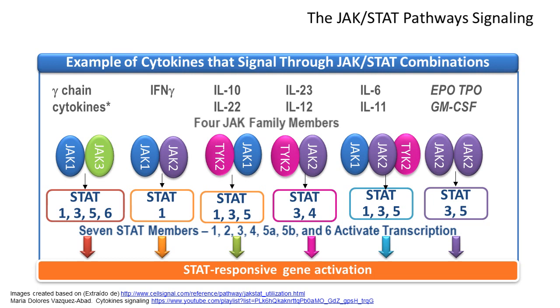The different cytokines will express the receptors that have associated the Janus kinase pair within the intracellular domain. The Jak3 is very specific to the white blood cell lineage, and it can only be associated with Jak1. There's a need for two JAKs to be able to transmit a signal. The other three JAKs, Jak1, Jak2, and TYK2, can actually be associated with any one other for a pair in the different receptors.